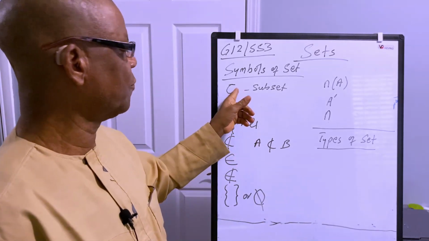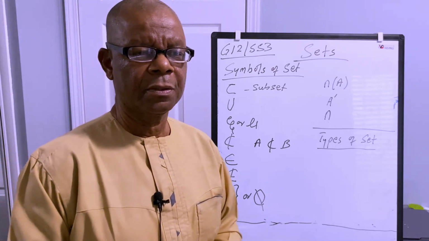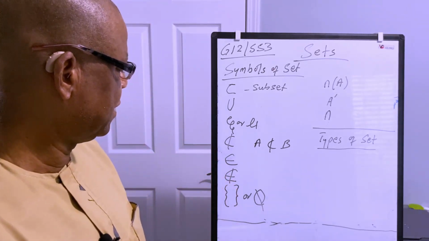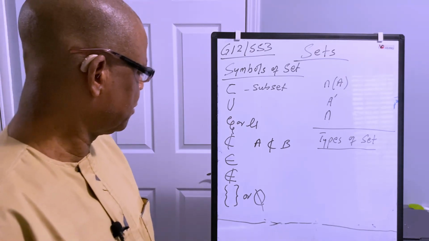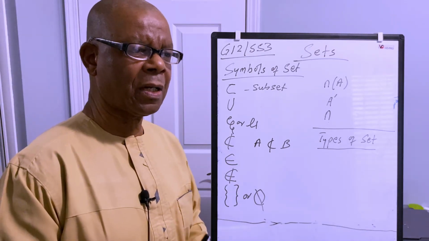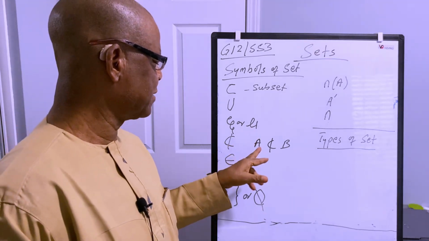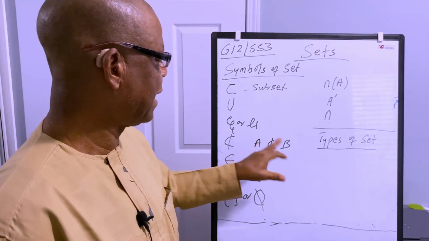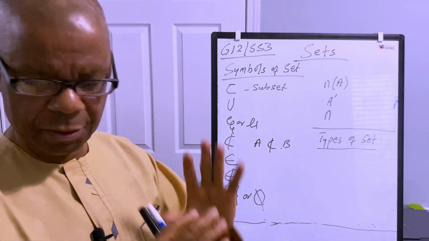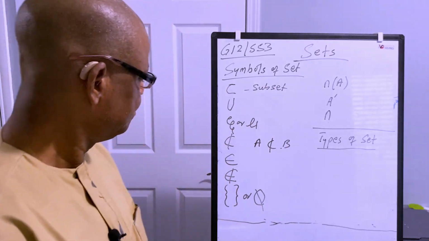It's the negation of what we said before. It is not a subset. It does not belong. It's not a part. In other words, the elements here do not exist in this. So it's not a subset.